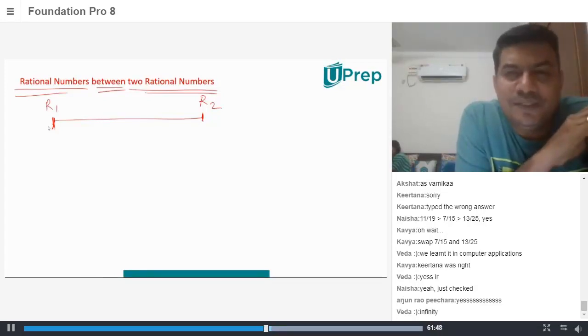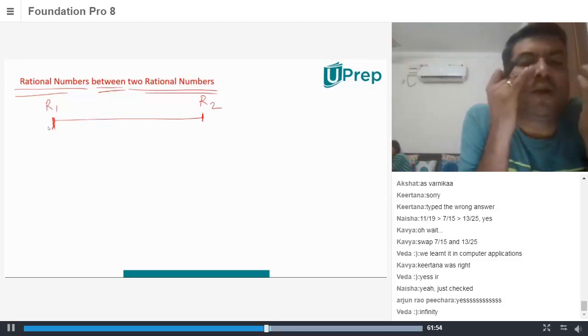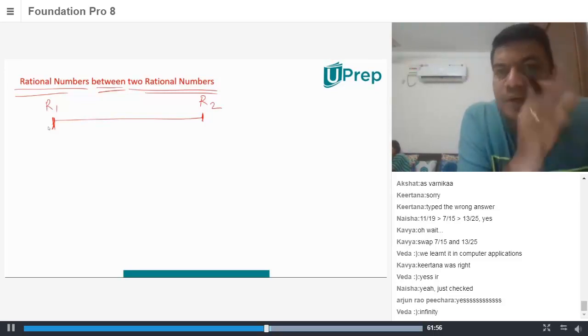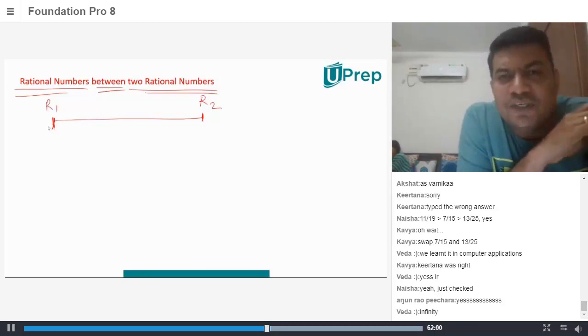Infinite. Yes, infinite, not indefinite. So we can have an infinite number of rational numbers between two rational numbers.